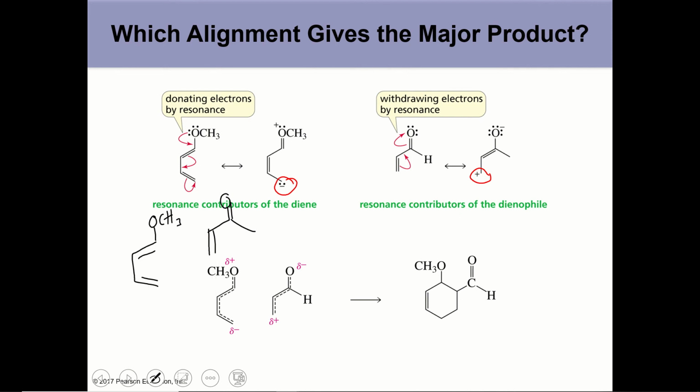So that we have C1 bonding to the carbon I've labeled as 5, the carbon labeled as 6, the pi electrons of 5 and 6 bonding at carbon 4.